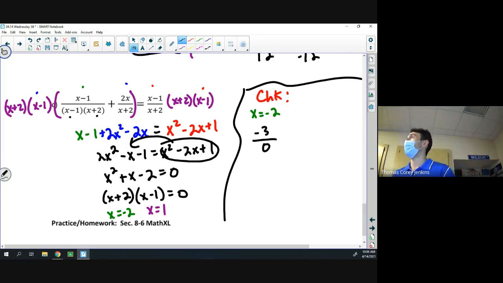Now, really, at this point, you can assume this solution doesn't work. Anytime you have a denominator of 0, you don't need to go on. If you wanted to plug the rest in, you would actually get all denominators of 0. So it doesn't really matter after the first one. So we know it's extraneous.